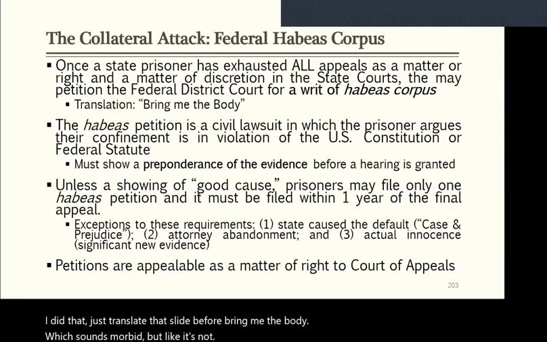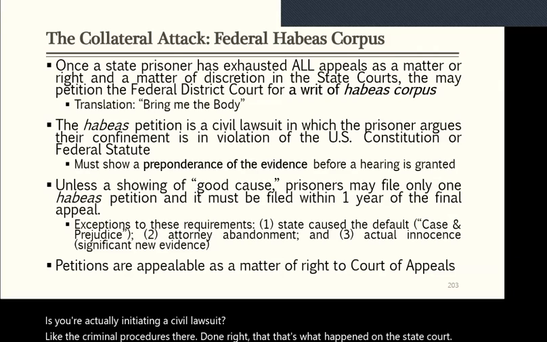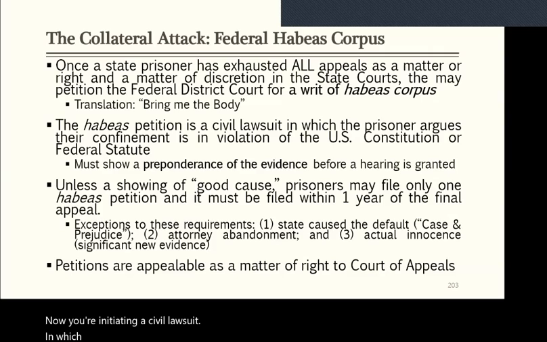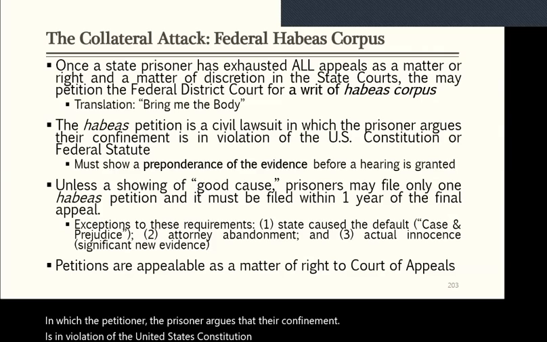Basically, what you're doing when you file a habeas petition is you're initiating a civil lawsuit. The criminal procedures are done, right? That's what happened down in the state court. Now you're initiating a civil lawsuit in which the petitioner, the prisoner, argues that their confinement is in violation of the United States Constitution or a federal statute, right?